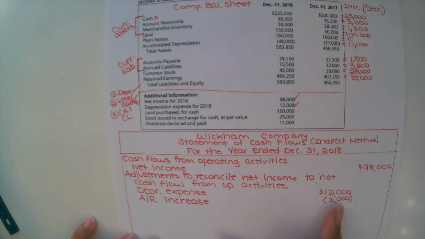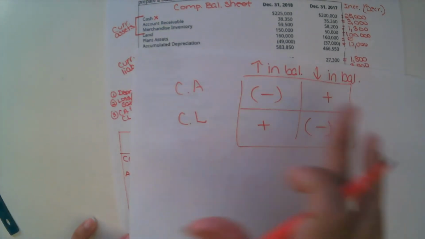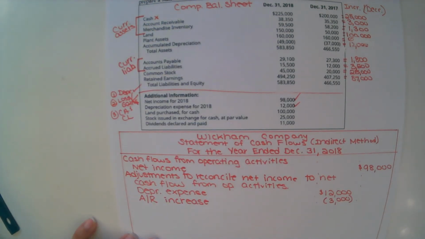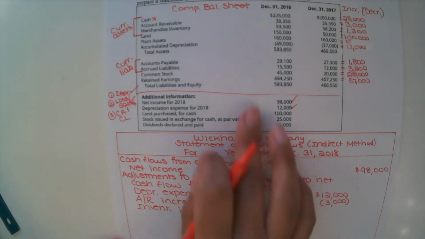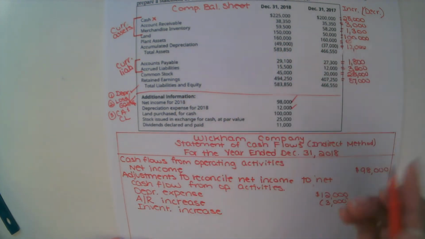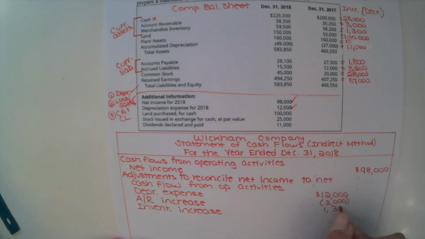If you're wondering why we subtract it, go back to the video that I made explaining the matrix where I showed journal entries for each one of these adjustments, and that might help you. Next we have inventory. Again, everything seemed to increase for this company, so it was also an increase. It's my cat scratching in the window. Inventory increase, 1,300. Since it's an increase, we're going to subtract it.